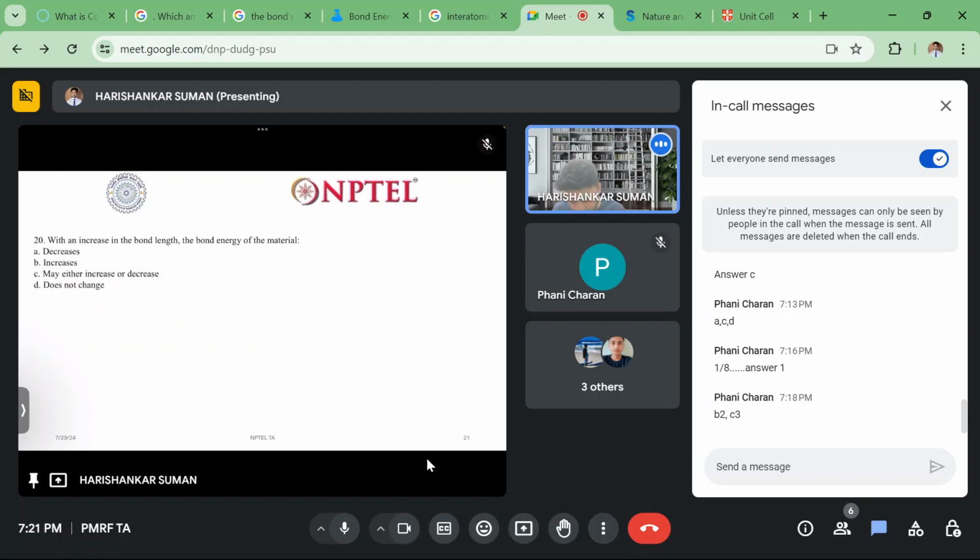Okay, next question: with increasing bond length, does the bond energy of the material increase, decrease, not change, or either increase or decrease?